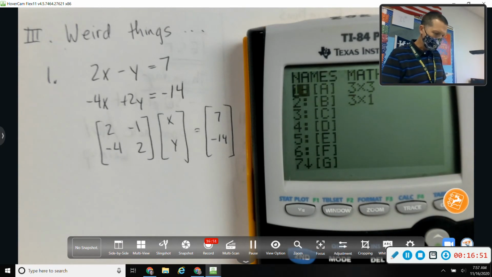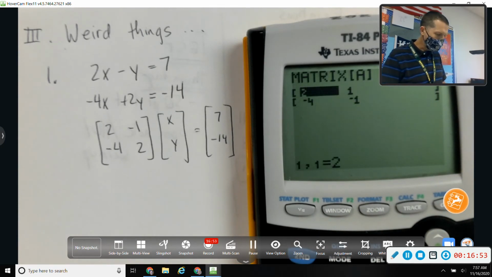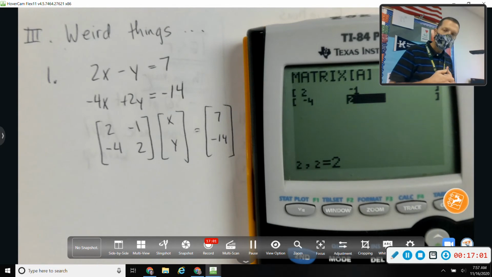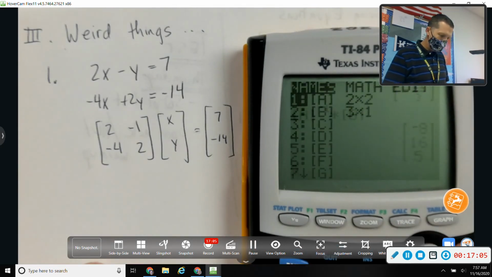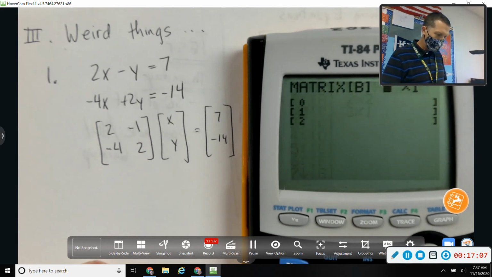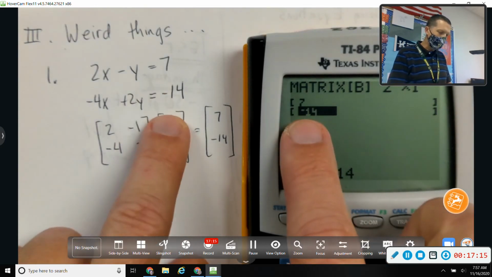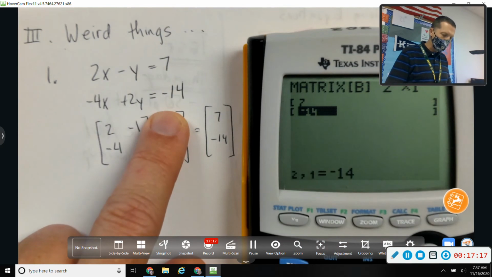So back to my matrices. So change matrix A. Change matrix B. Again, always double checking to make sure that you type them in there the right way.